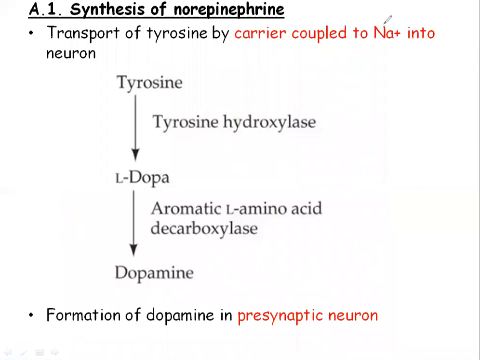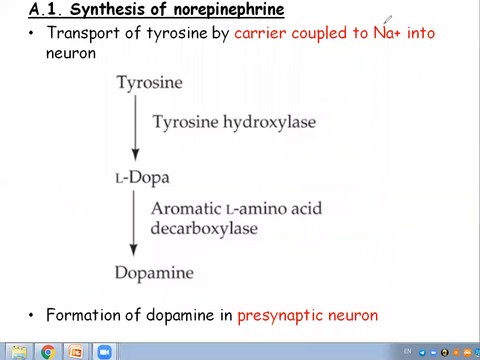Now, the steps are detailed here. The first step is the synthesis of norepinephrine, how it is synthesized. As I said previously, the synthesis of norepinephrine requires the entry of tyrosine, and the tyrosine enters by a carrier or a transporter that is coupled to sodium into the neuron.